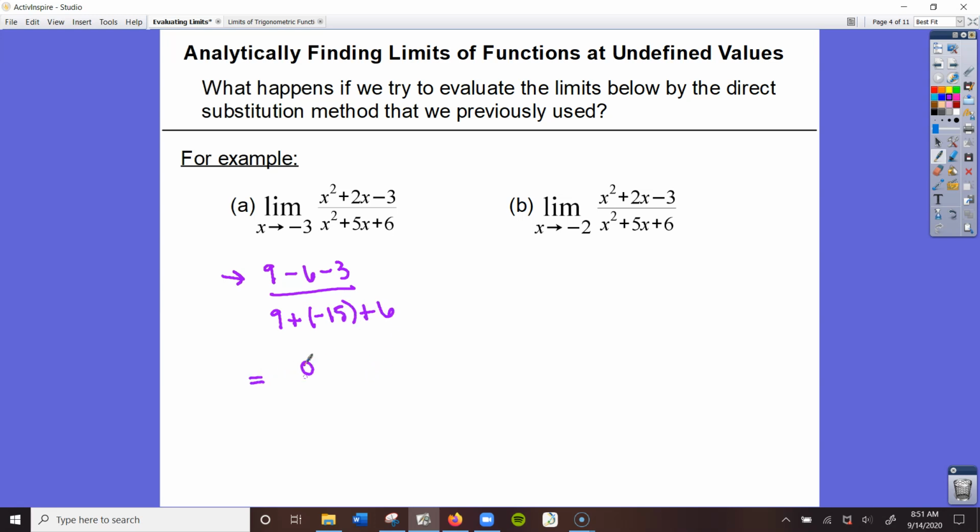This will end up giving me 0 over 0. And anything over 0 would technically not exist because this value is undefined.